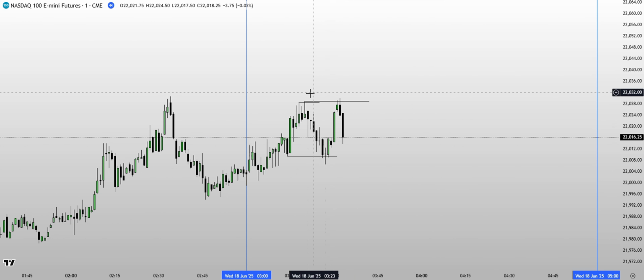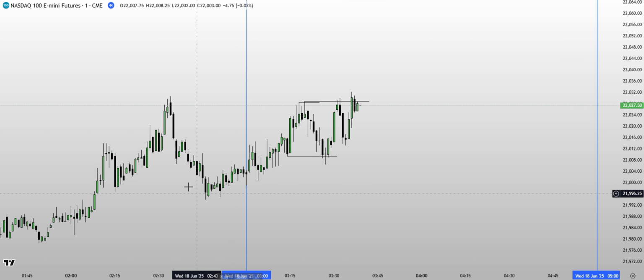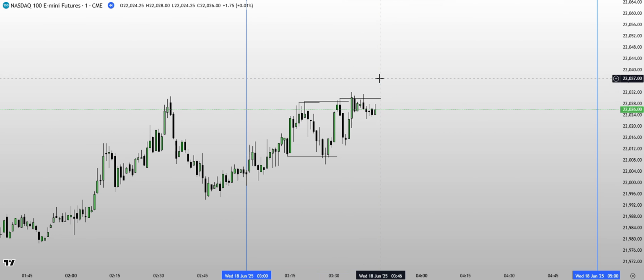And so if I start seeing this occur and I don't see a change in the way price is delivering, to me, that's an indication of low probability conditions. And so what do we do again? Another high. Look, we take this 1 minute high, 1 minute low, 1 minute high, 1 minute high once more.